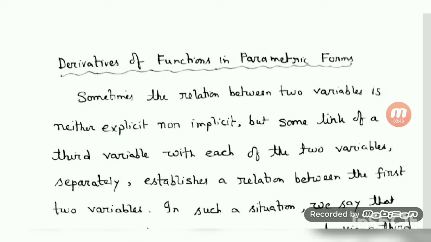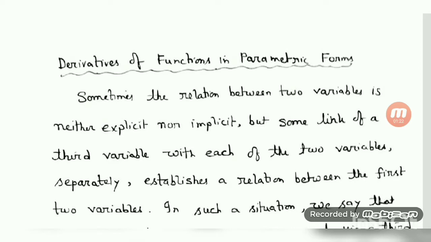But in parametric form, instead of having a direct relation between x and y, they are related with the help of a third variable. That third variable is called the parameter, and the functions are called parametric forms.